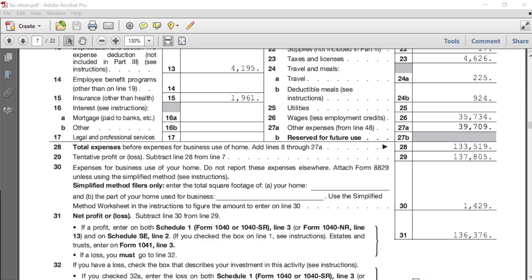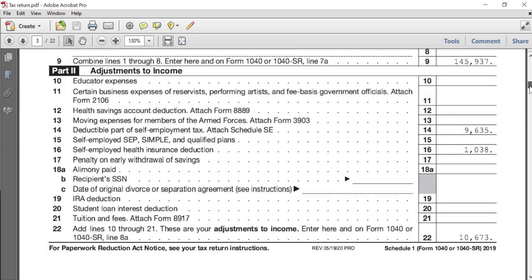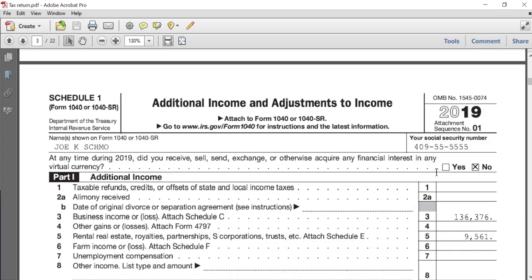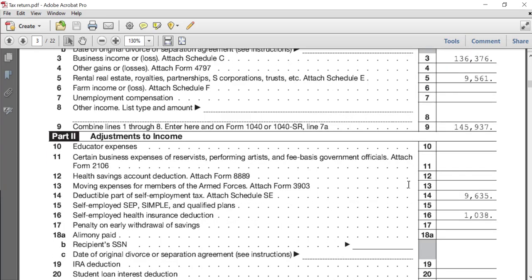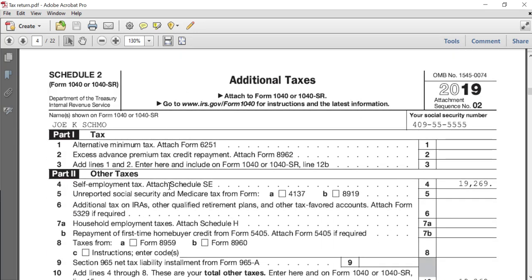So if we go to Schedule 1, it had the income that flowed through to it. Schedule 2, this is Schedule 1 that we already looked at. Schedule 2 has additional taxes. So here's self-employment tax right here. He's having to pay $19,269 in self-employment taxes based on his self-employed income.